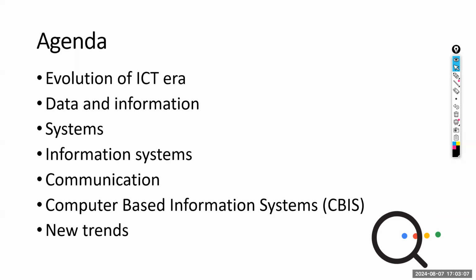The evolution of the ICT era, data and information, what is a system, what is an information system, what is communication, because communication is part of your subject name, right? C, communication. I is your information, C is your communication. And what is a computer-based information system, and a little bit of new trends.